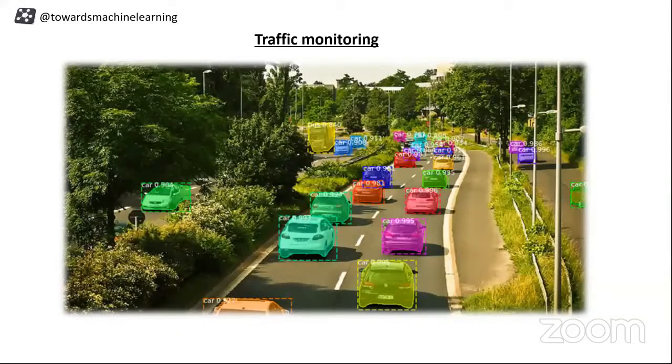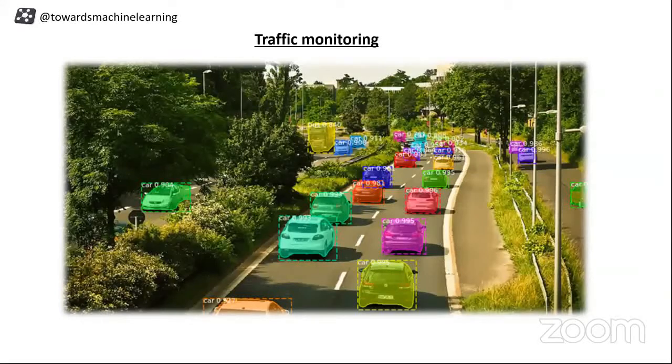Does anyone have any question, guys? Okay. People see in which path we have the traffic, and accordingly they will open the traffic lights. Many people in their BTechs try to do this also.